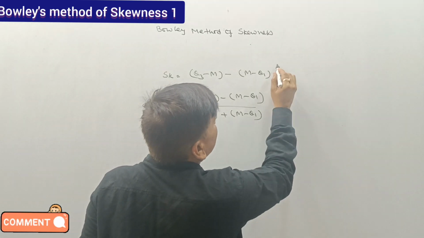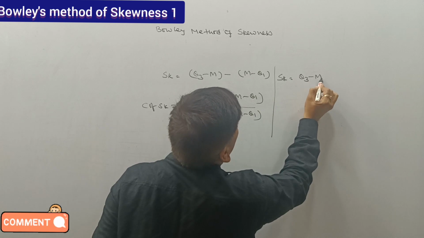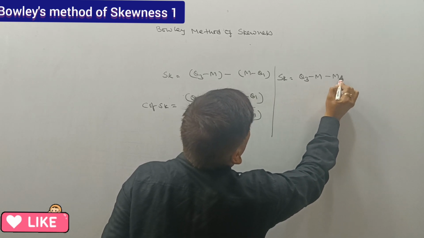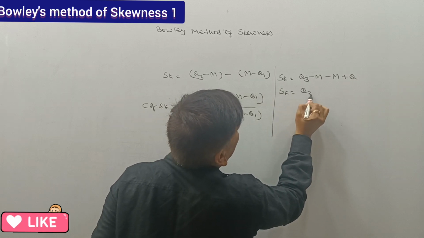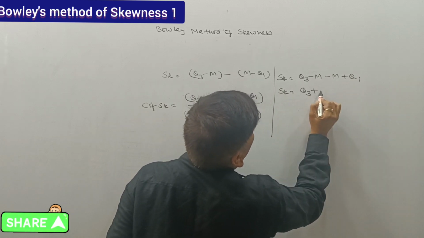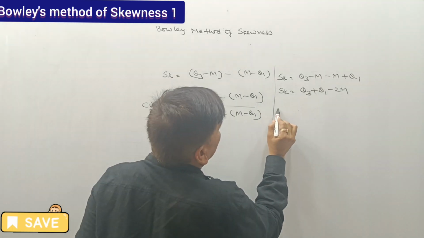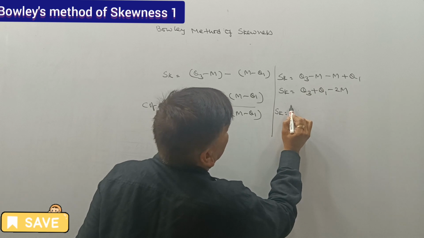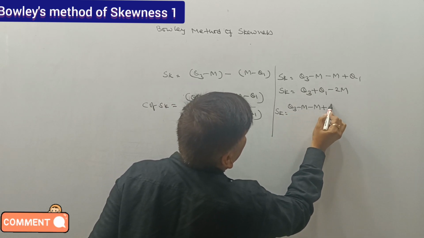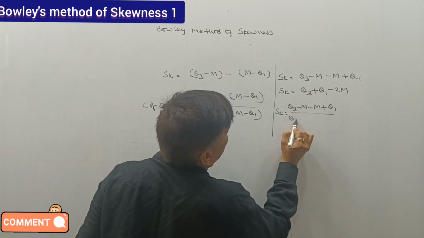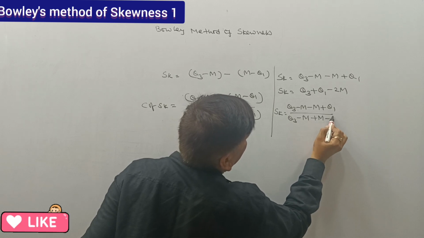If we solve this, the skewness is Q3 minus M plus Q1, or we can write skewness is Q3 plus Q1 minus 2M. Solving the coefficient, it is Q3 minus M plus Q1 minus M upon Q3 minus M plus M minus Q1.